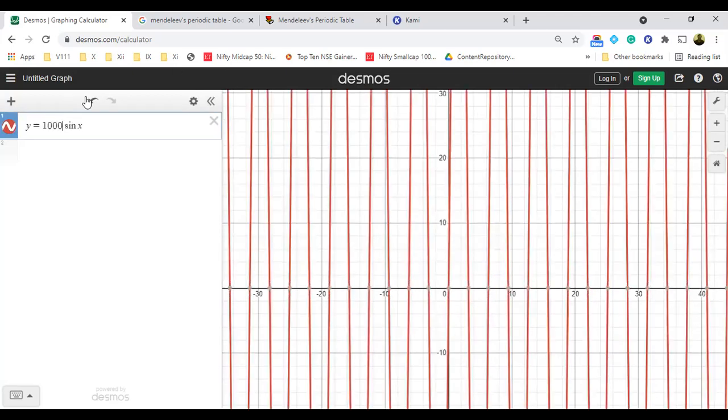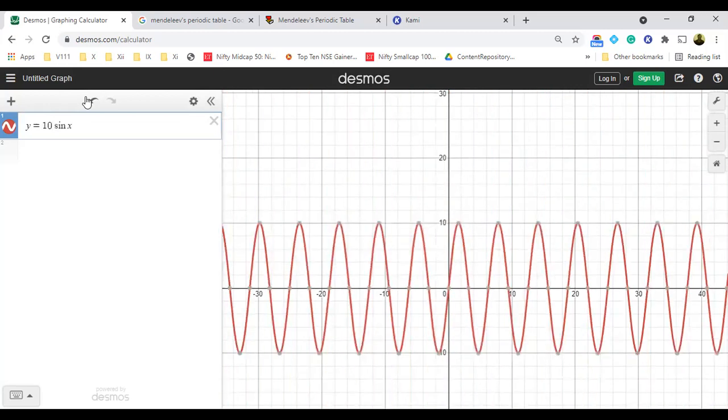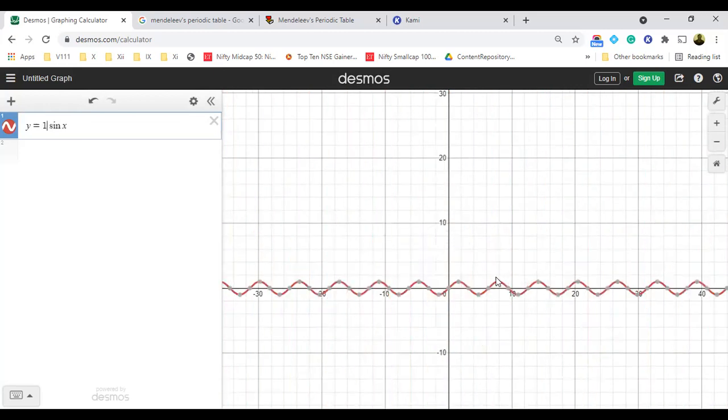It is a function because wherever you draw the vertical line, it will cut the graph only in one point. But what about whether it is an invertible function? No, sir. It is not. The reason is, see, the x-axis itself is cutting. The x-axis is a horizontal line, and you see, it is cutting the graph in multiple places. So y is equal to sine x fails the horizontal line test. Are you guys following this?